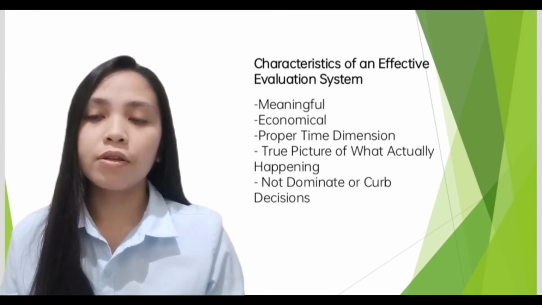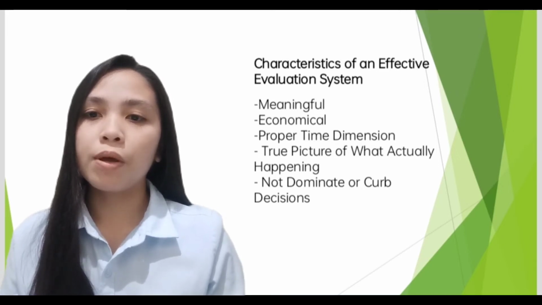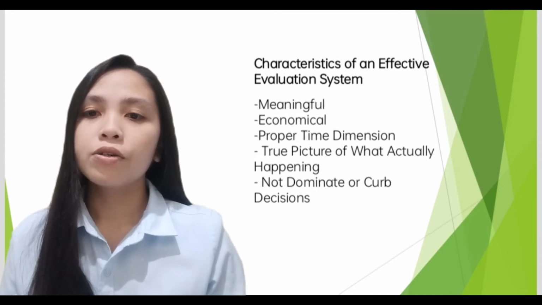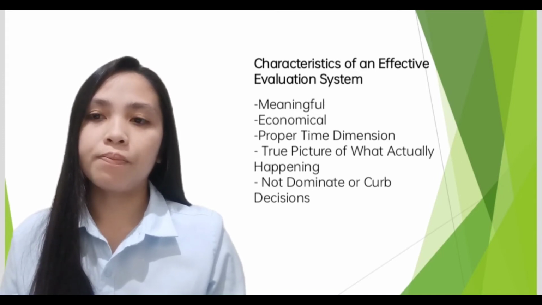Number 3, the evaluation process should conform to a proper time dimension for control and information retrieval or dissemination. Time dimension of control should coincide with the time span of the activity or the implementation phase. Also, information on developments or feedback should be timely to make evaluation and control more appropriate.